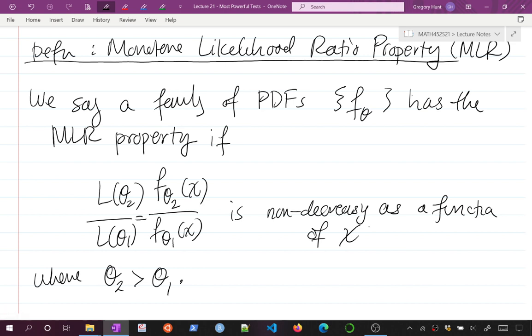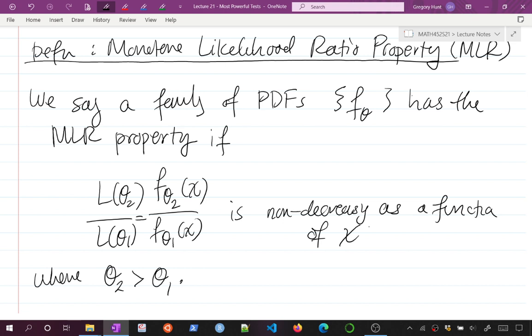In that case, they say it has a monotone likelihood ratio property. So if I fix any two thetas, theta 2 and theta 1, look at L of the larger theta over L of the smaller theta, and that thing you could think about as a function of x. If that thing is non-decreasing, we say this thing has the MLR property.